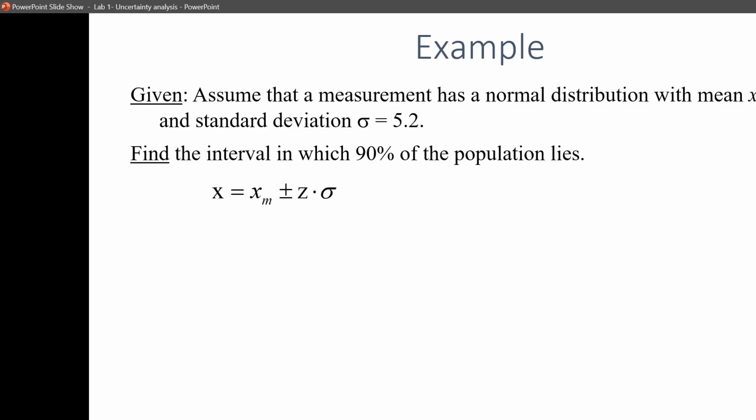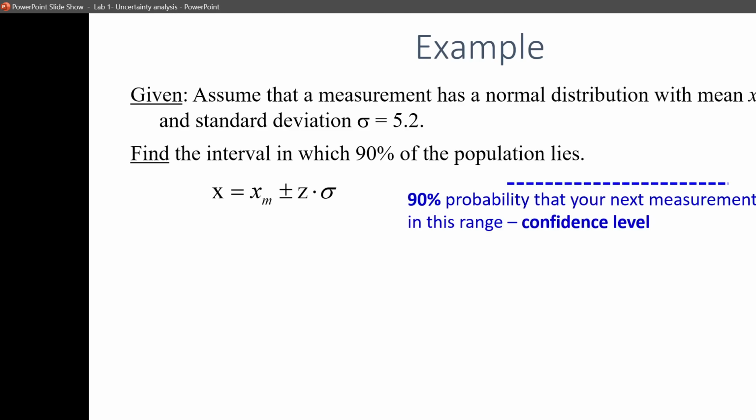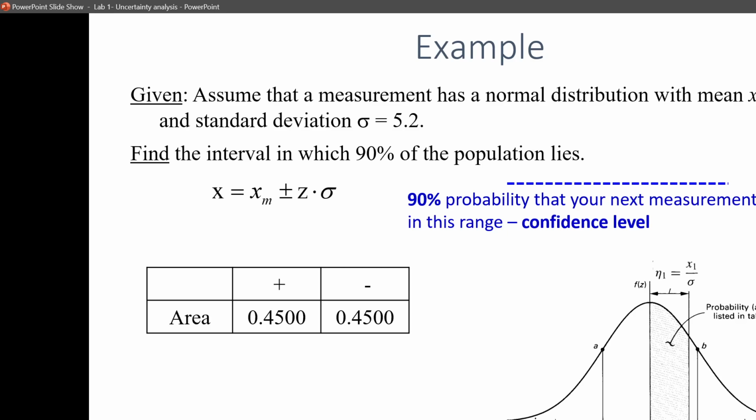Okay, so what should we do? We should take this 90% and go to the z-score tables and find the z-score value. So the idea is there is a 90% probability that your next measurement will fall within this confidence interval. Okay, let's take a look at the standard bell curve. We want to have 90% confidence that our measurement will fall here.